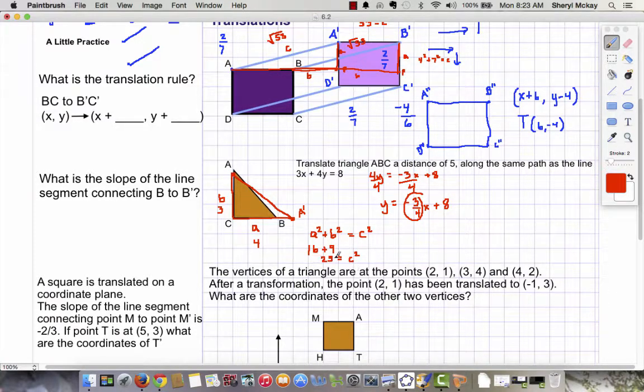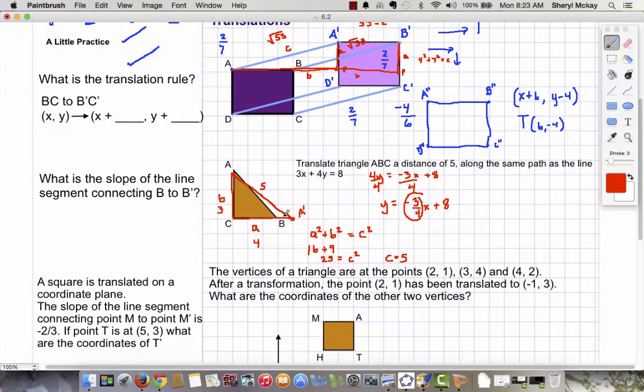And so if I take the square root of both of these, I get C equals 5. Oh, perfect. So that's what I need. I need this length to be 5, and it is. So that means I only have to translate each of my points, A, B, and C, just down 3 and over 4.